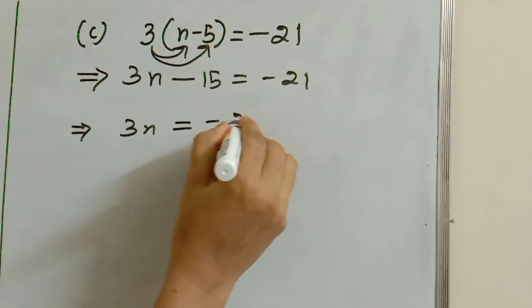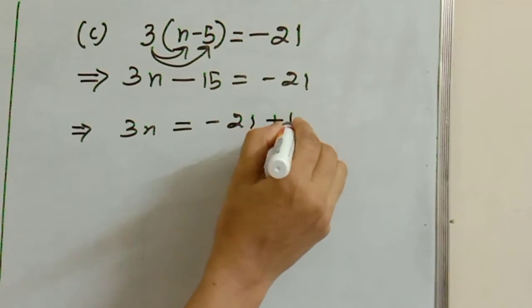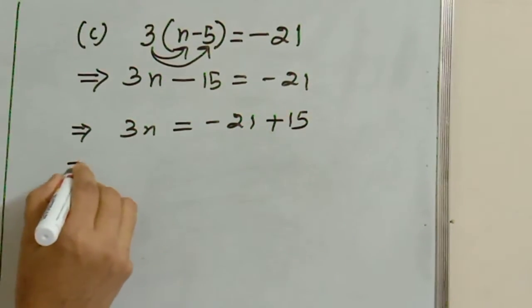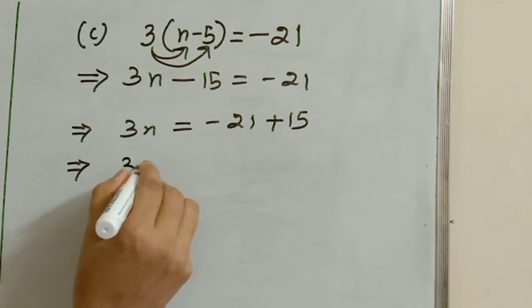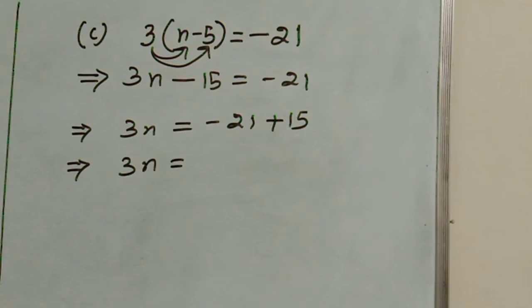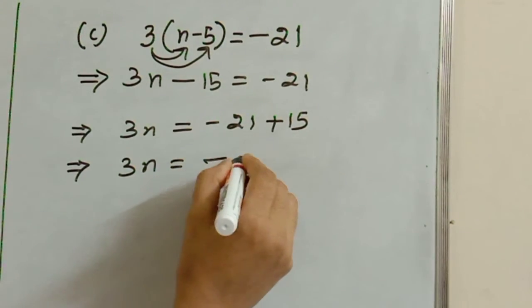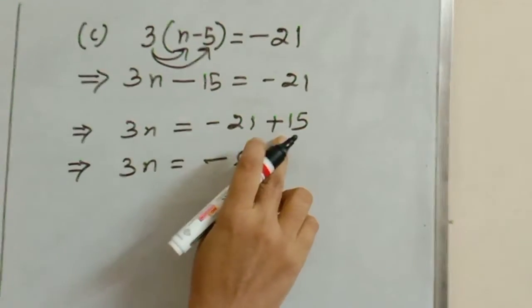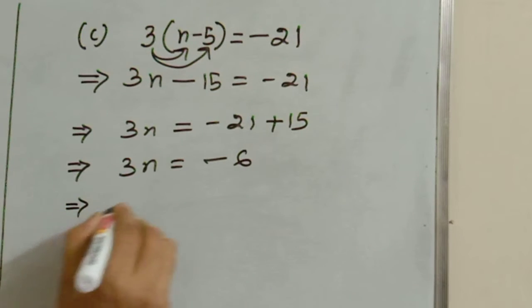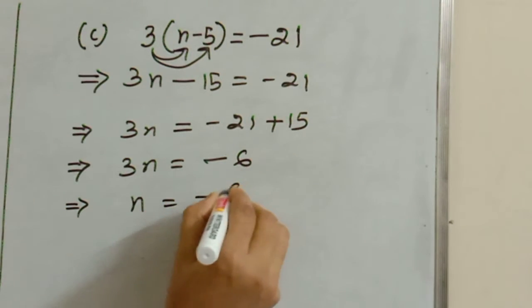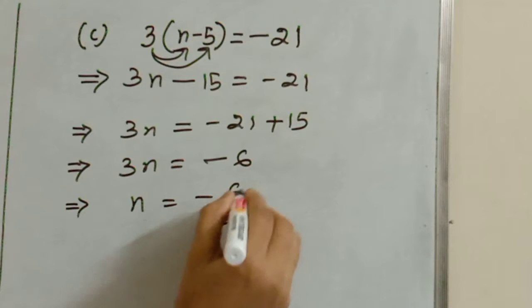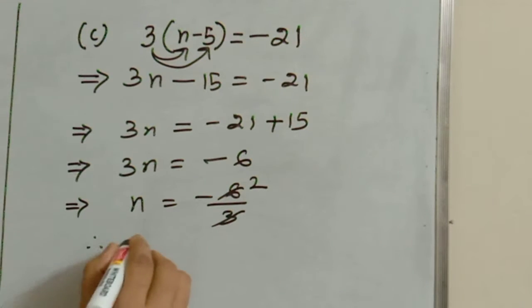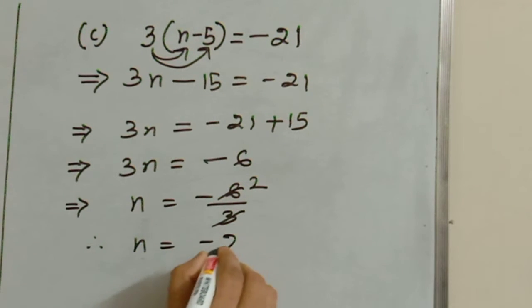So minus 21 plus 15. 3n is equal to, subtract it, minus 6. Therefore, n is equal to minus 6 by 3. Therefore, n is equal to minus 2.